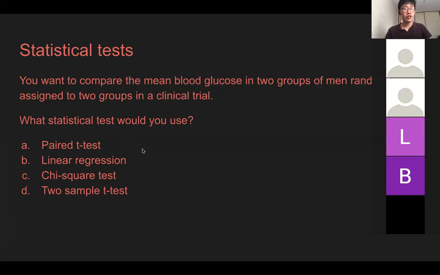Okay, so we are using a two-sample t-test. Again, this is important. You're comparing between two separate groups rather than comparing two different variables.